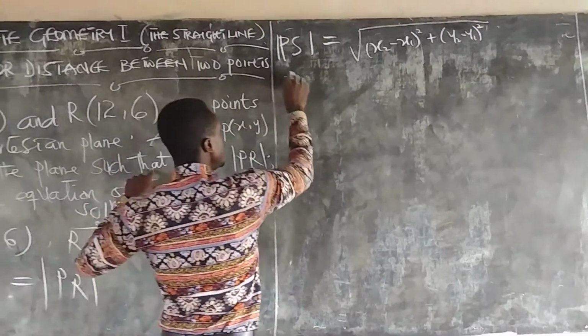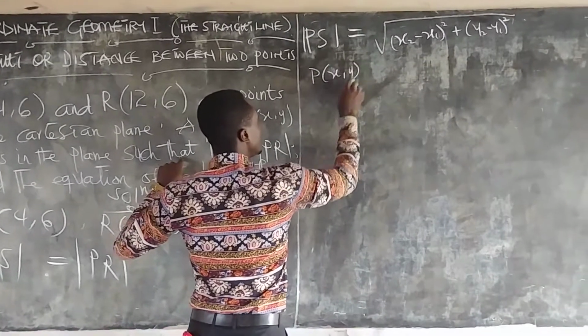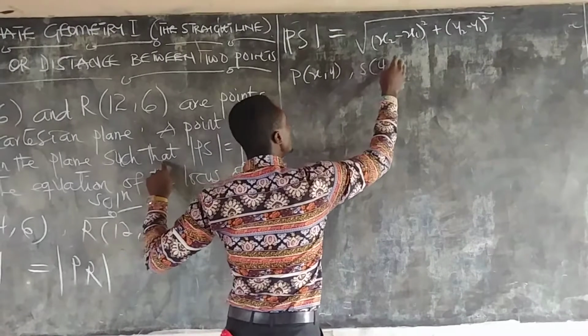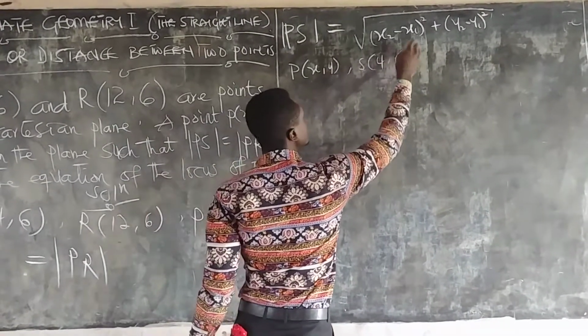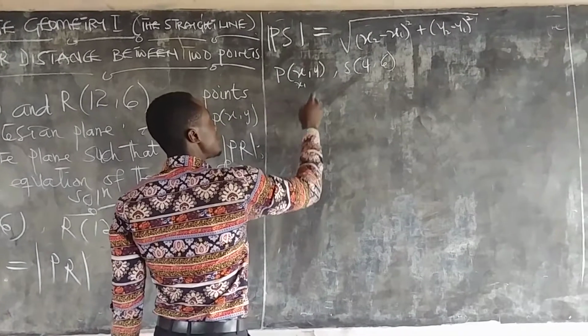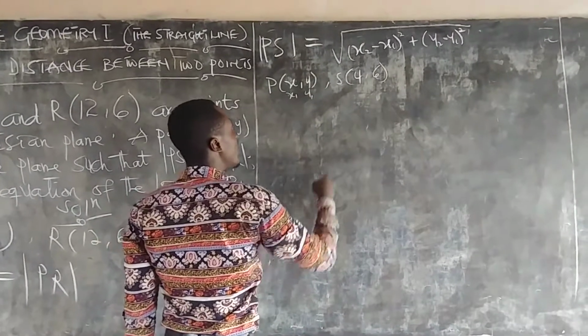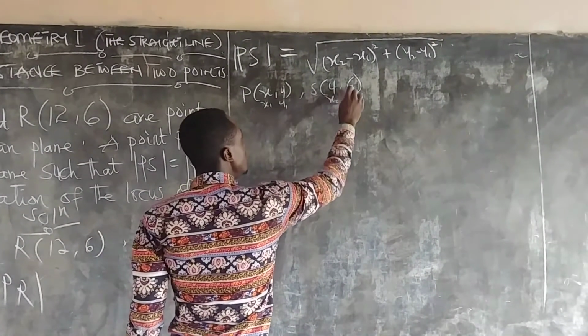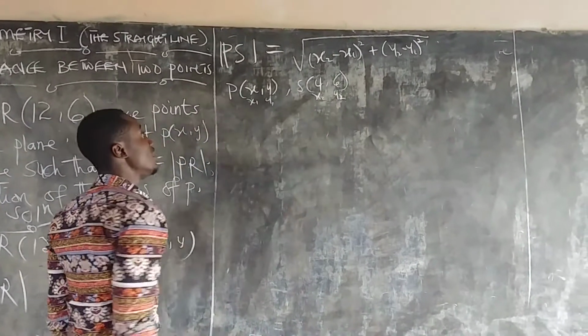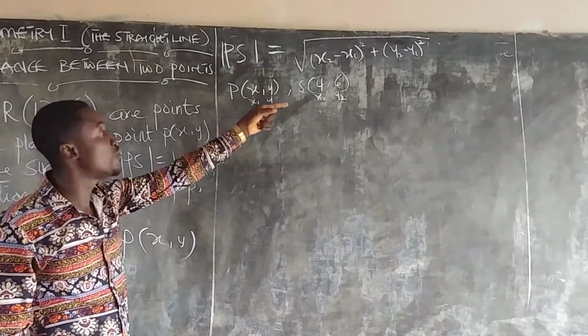And P is (x, y), and X is (4, 6). So we have our x1, which is x, y1, y, x2, 4, y2, 6. So let's substitute these values into the equation.